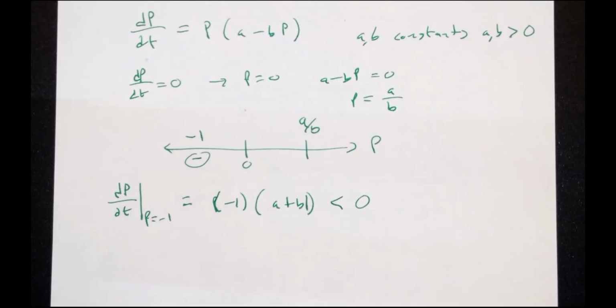Here's the harder one. I need a number between 0 and A over B. I'm going to make my life easy. Let's go exactly halfway. So I'll take A over B, multiply by a half.